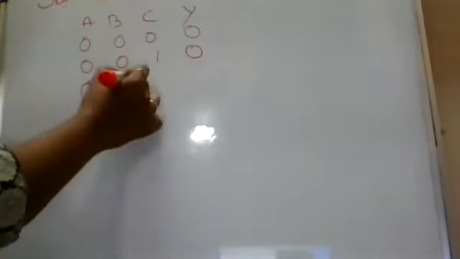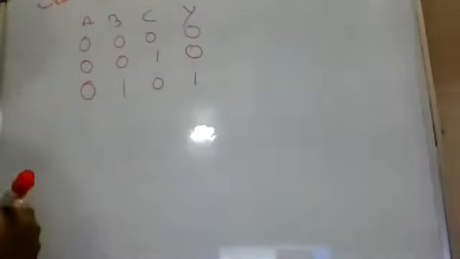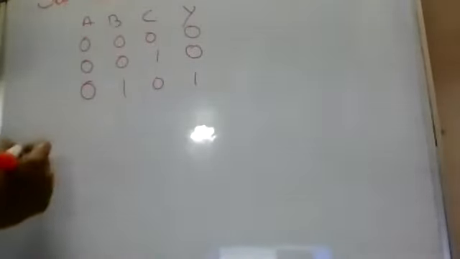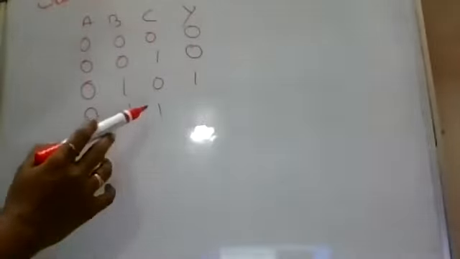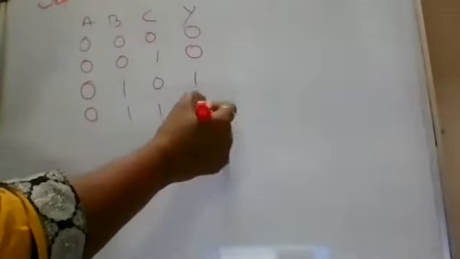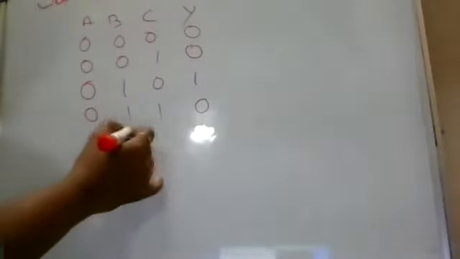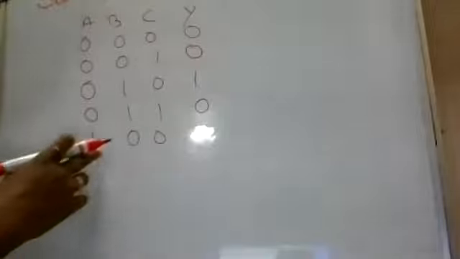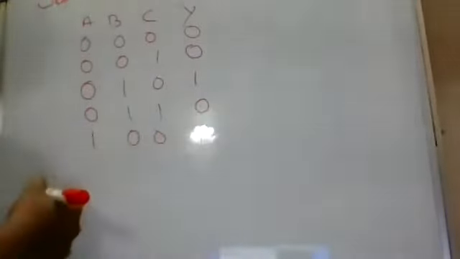And 0, 1, 0 means A is in low condition, B is in high condition, C is in low condition. We get output high. 0, 1, 1 means A is in low condition, B and C both in high condition. We get output 0. Next 1, 0, 0, only A in high condition, B and C in low condition. In this also we get output 1.